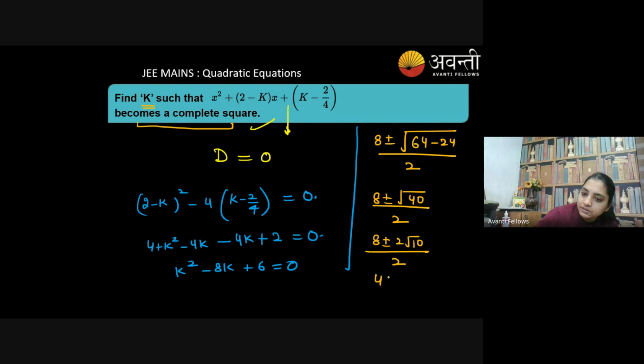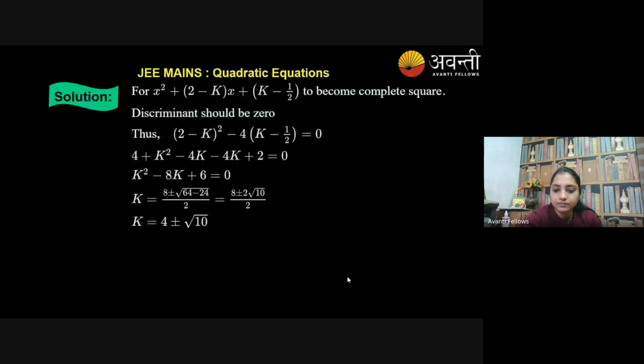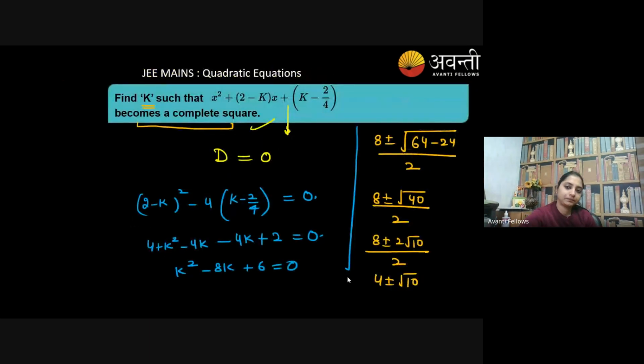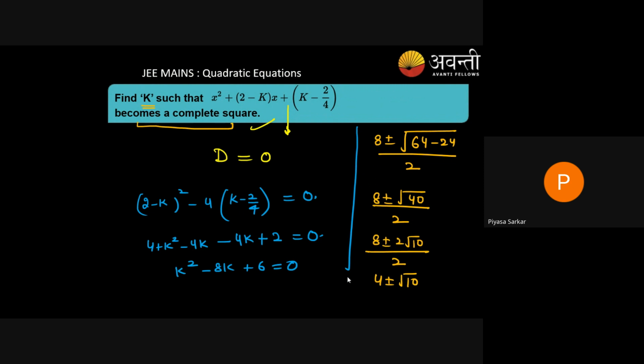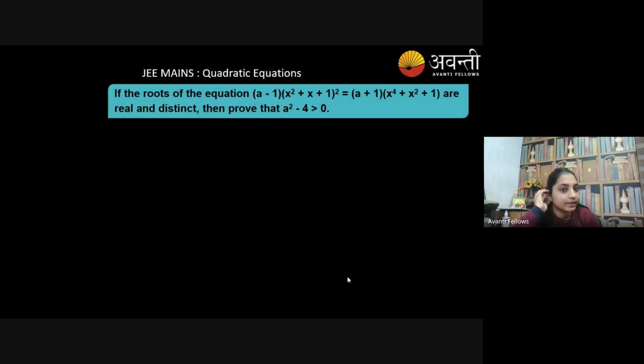It means 4 plus minus root 10. So can you see, one value is 4 plus root 10, another one is 4 minus root 10. Clear? Anyone having any confusion till there? Okay. See the next one.